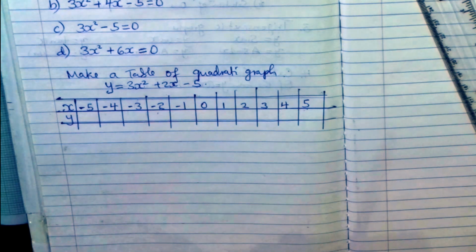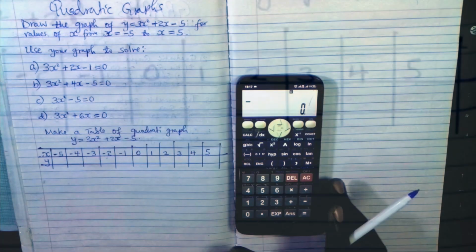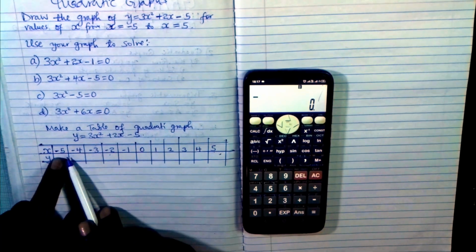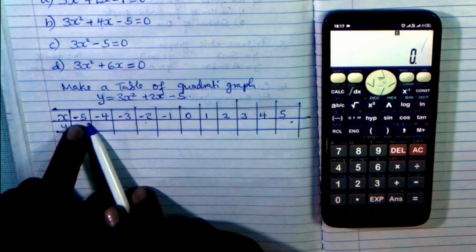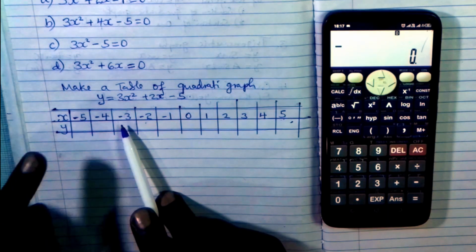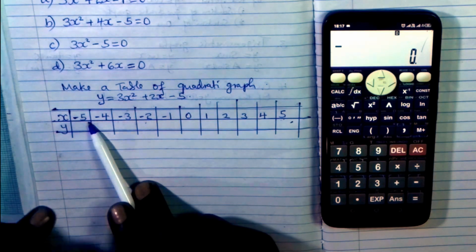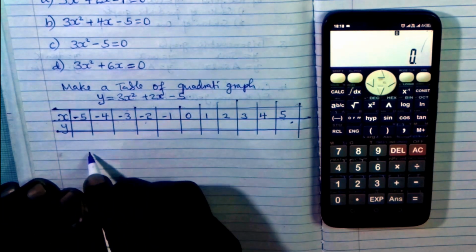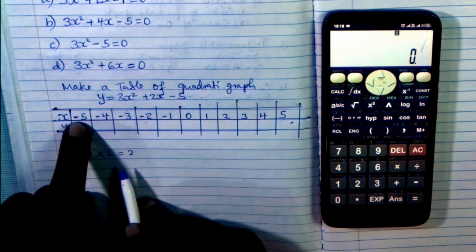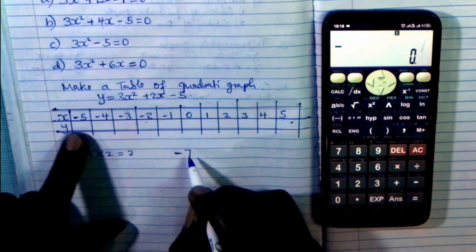So I'm going to use a calculator to feed in the values, and therefore I have this table from minus 5 all the way to 5. You can see the values of x range from minus 5, minus 4, with a difference of 1. So multiply the difference 1 times 2, we get 2. From minus 5, we move backwards 2 steps, so it will land at minus 7.